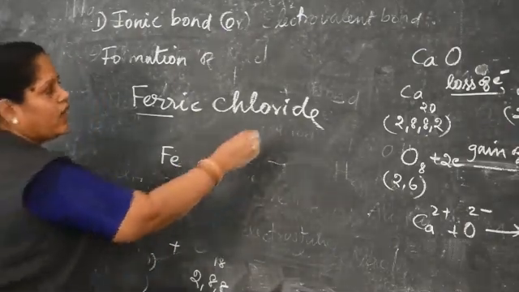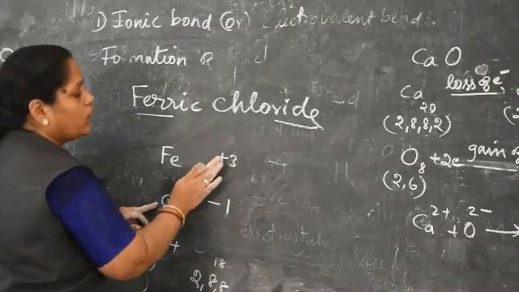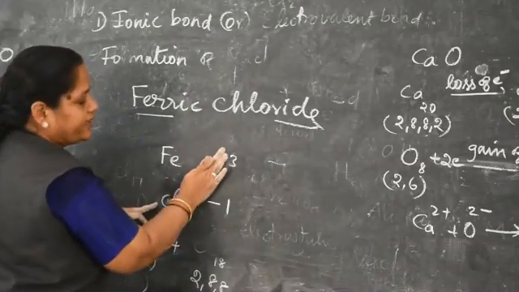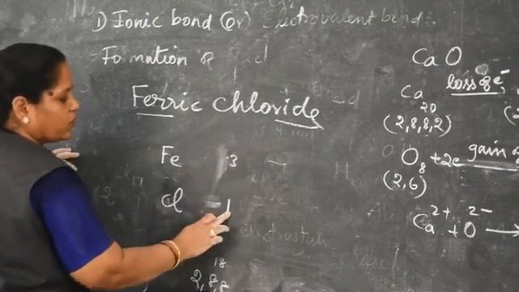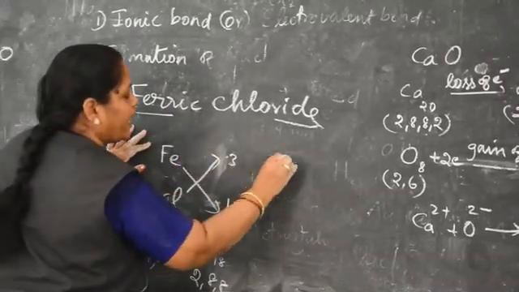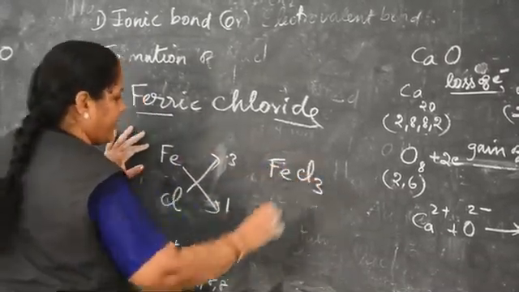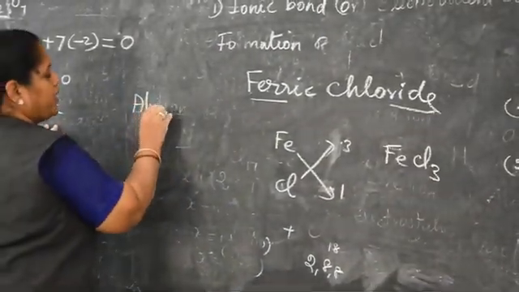Chlorine, Cl. Chloride means its charge is what? -1. So you omit these charges. So ferric means +3. Chlorine means -1. Cross it. What is the formula for ferric chloride? FeCl3.